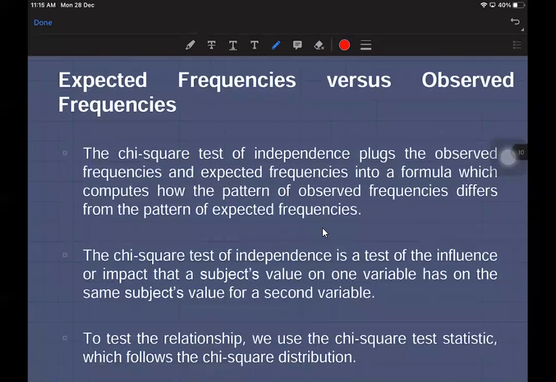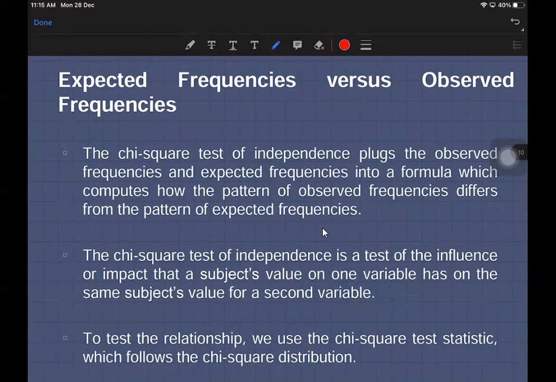So expected frequency versus observed frequency. The chi-square test of independence plugs the observed frequency and expected frequency into a formula which computes how the pattern of observed frequency differs from the pattern of expected frequency.